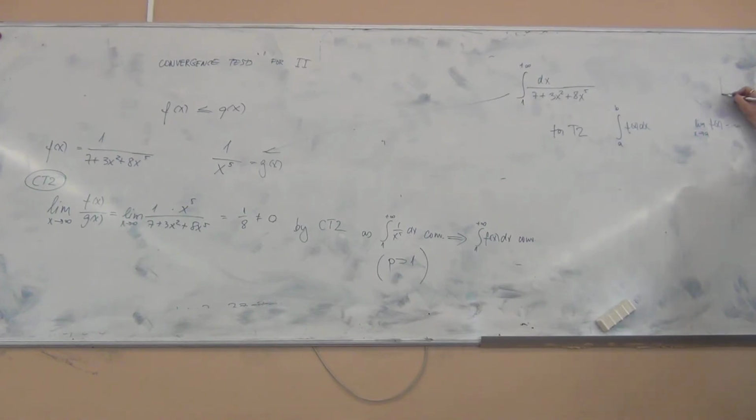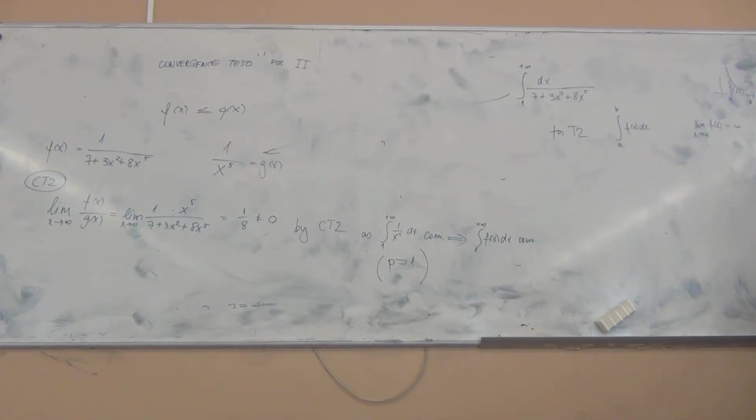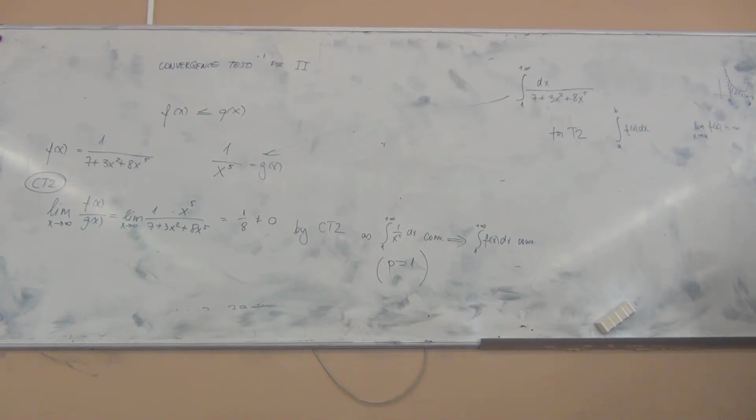In other words, let's suppose that we have this type with a vertical asymptote at a. So this is a subtype of type 2 integral. The lower boundary is the danger point, the critical point. A is the critical point, the lower boundary.